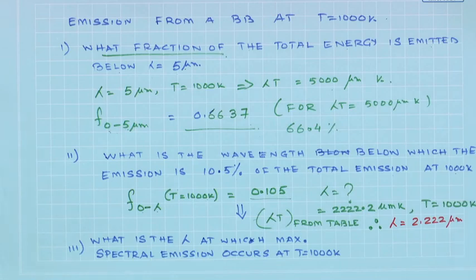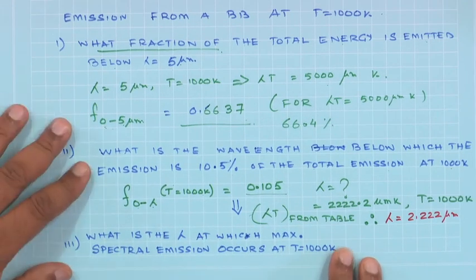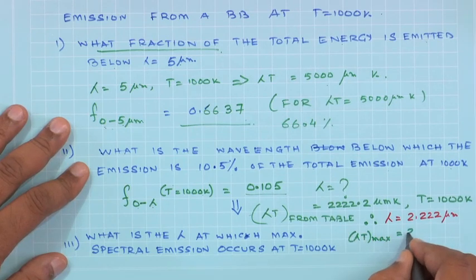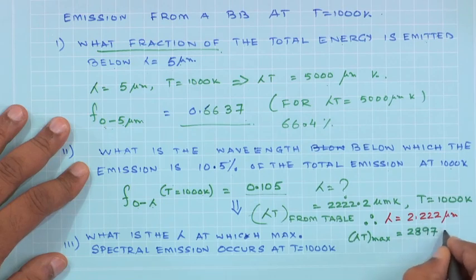So, of course, the law that we need to use for this is Wien's displacement law. Wien's displacement law simply states that lambda times T is a constant when we are talking about the maximum spectral radiation intensity at a given temperature. Since the temperature over here is provided, we need to find out what is the lambda in this case. So, this problem can simply be solved using Wien's law as lambda times T corresponding to the maximum emission is 2897.6 micron Kelvin.